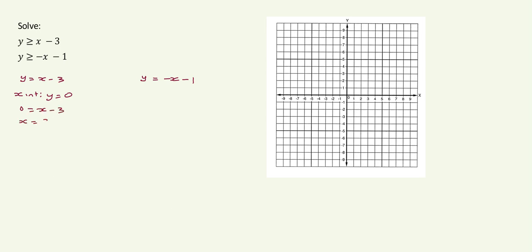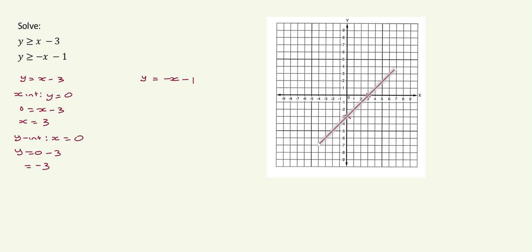So x equals 3. At the y-intercept, x equals 0. So y equals 0 minus 3, which is minus 3. So for this line, we have x equals 3 and y equals negative 3. So let's draw a line for that graph.